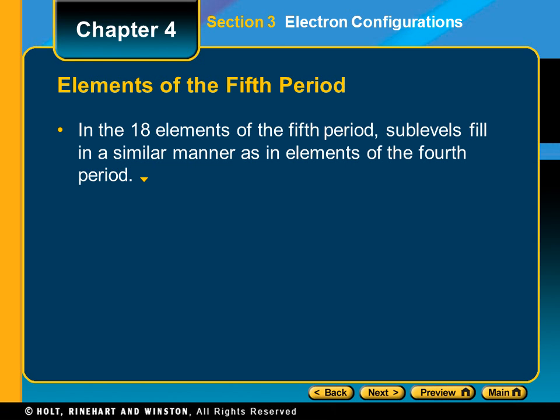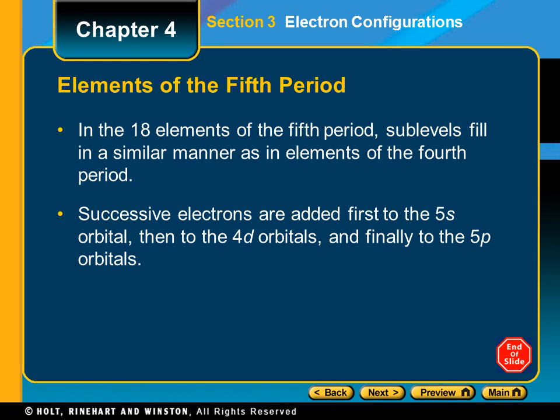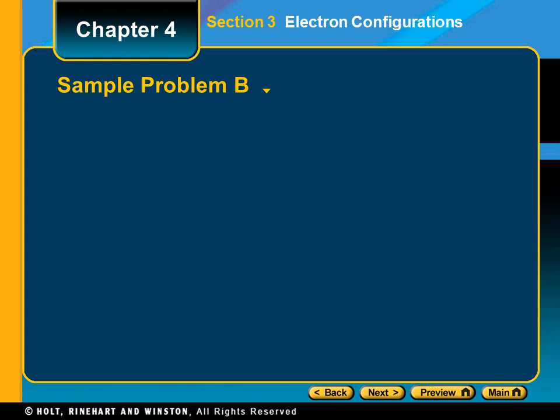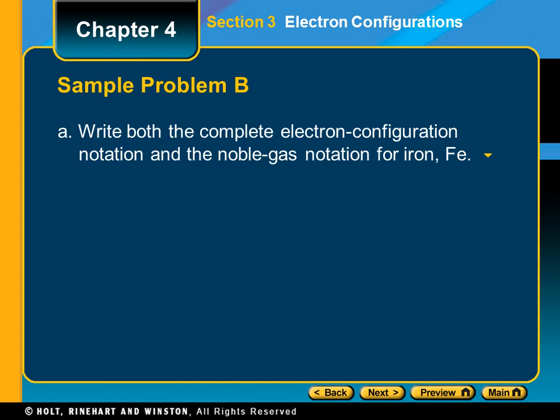Fifth period. In the 18 elements of the fifth period, sublevels fill in a similar manner as in the fourth. Successive electrons are added first to the 5s, then to the 4d, and finally to the 5p. So let's take a look at a sample problem and see how this plays out. Write both the complete electron configuration notation and the noble gas notation for iron.